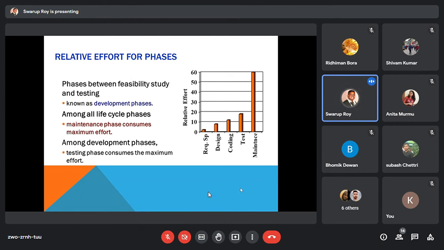Testing may detect some error in the coding, and while debugging that error you may observe some flaws in the design. And while correcting the design itself, you may observe some error in the requirement specification analysis phase.